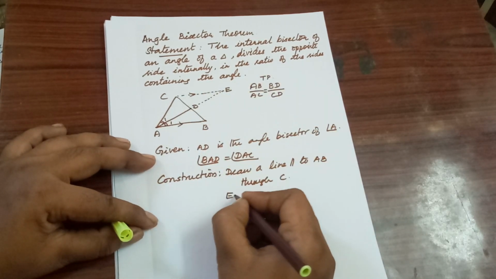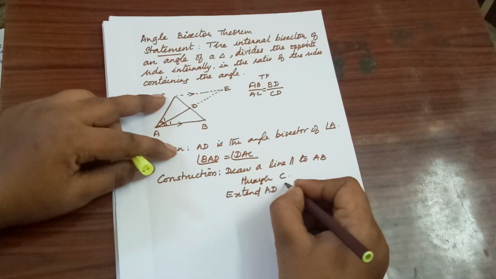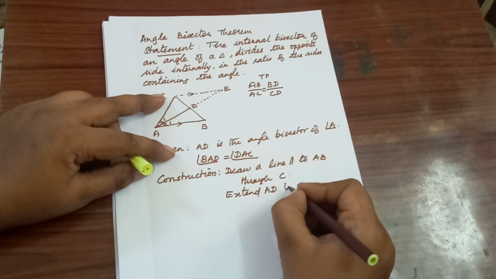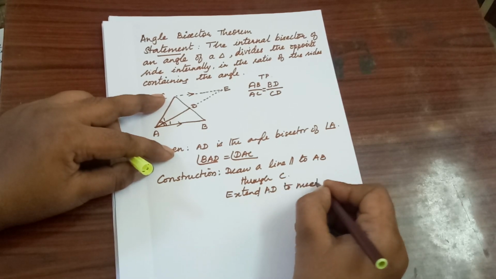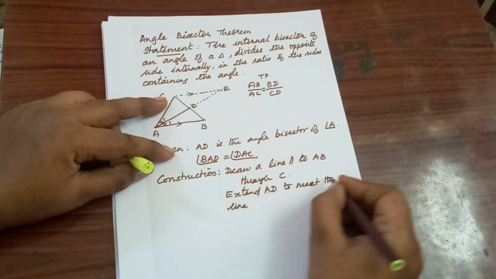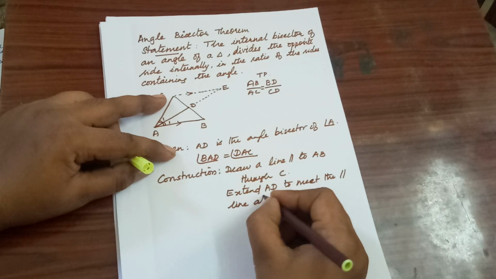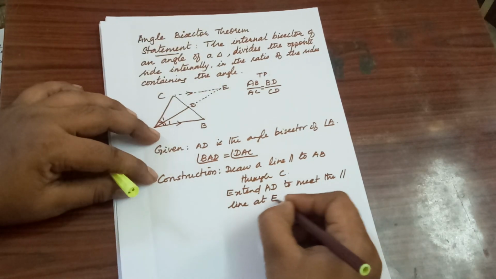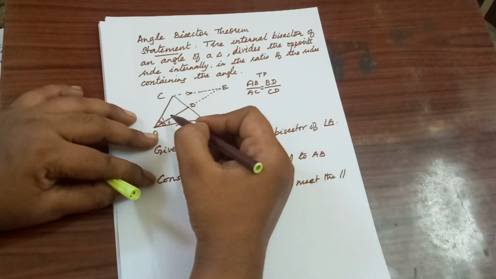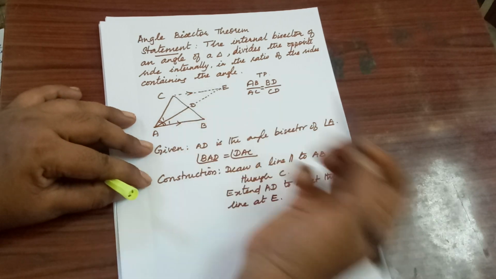So extend AD to meet the line, that is the parallel line drawn, at E. So we have extended AD up to E to meet this line.